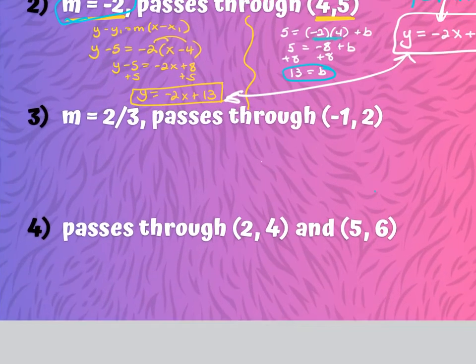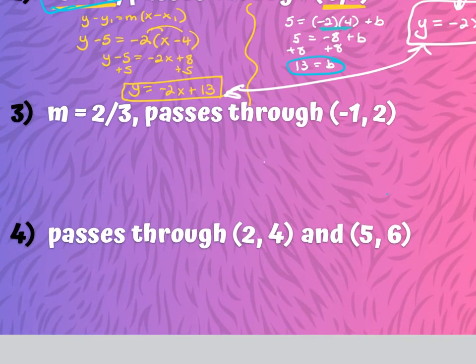All right, so number 3, again, it's got the slope and it's got a point. So I'm going to do option 1 for number 3 and then I'll do option 2 for number 4. Again, you don't have to do it this way. But here's my x1 and here's my y1. So y minus y1 equals m, which is 2/3, times x minus a -1, which makes that x plus 1. Now, you can get rid of the fraction.